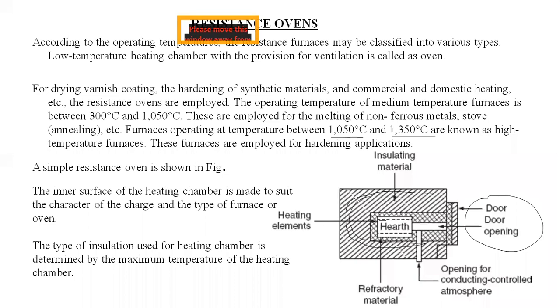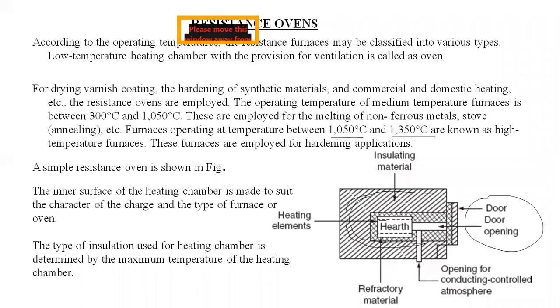The main important point you have to remember is the temperature to which you want to heat the substance. That depends upon the type: medium temperature or high temperature. If you are going to use it for applications like hardening the materials, then you use the high temperature furnaces, about 1050 degrees centigrade to 1350 degrees centigrade.